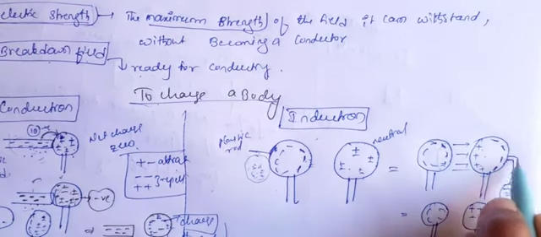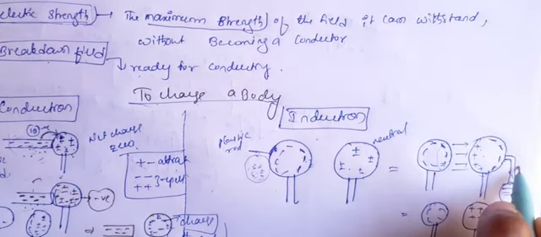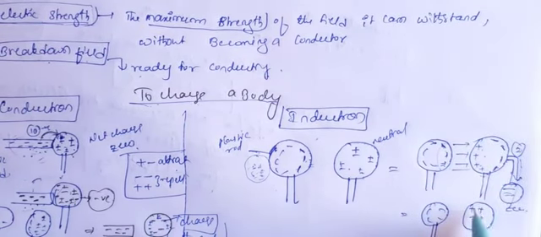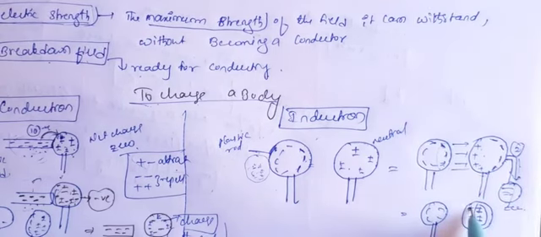Let us consider there are 4 charges here, so 2 charges will go to earth, and the other 2 charges are neutral, in the free condition.